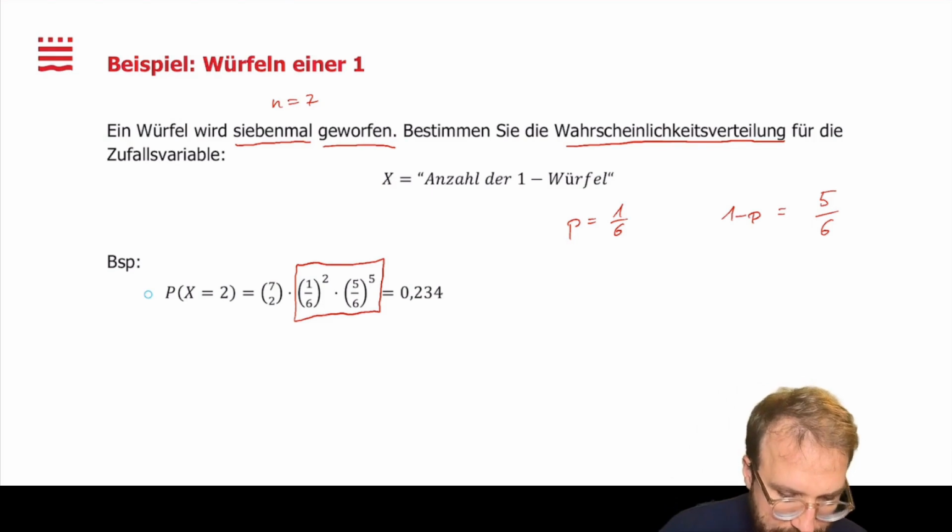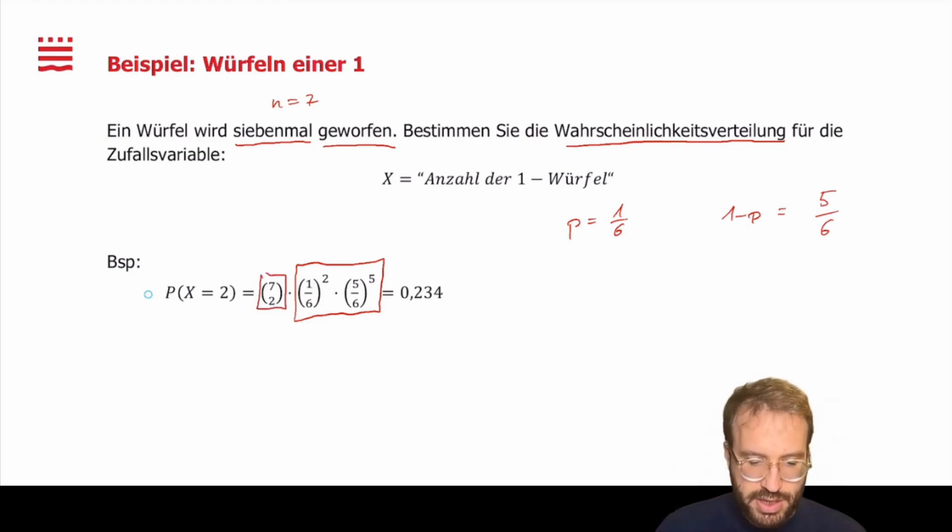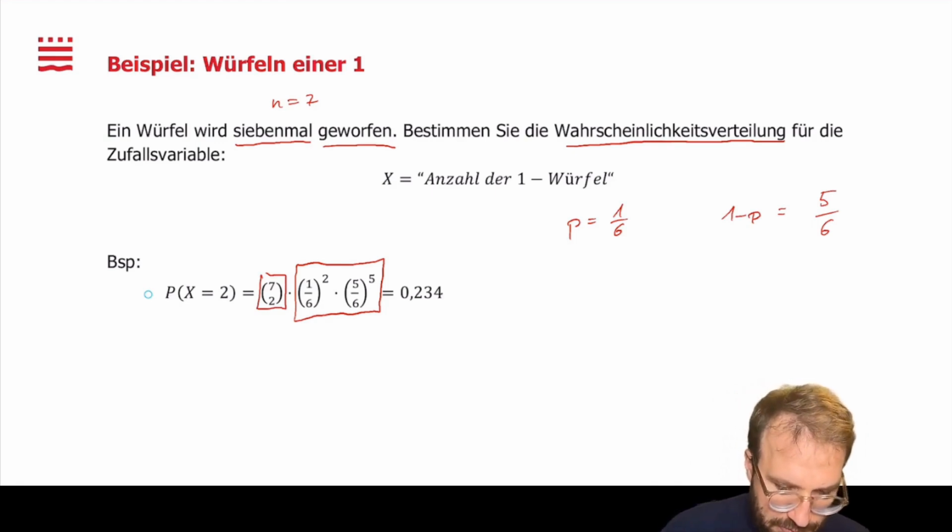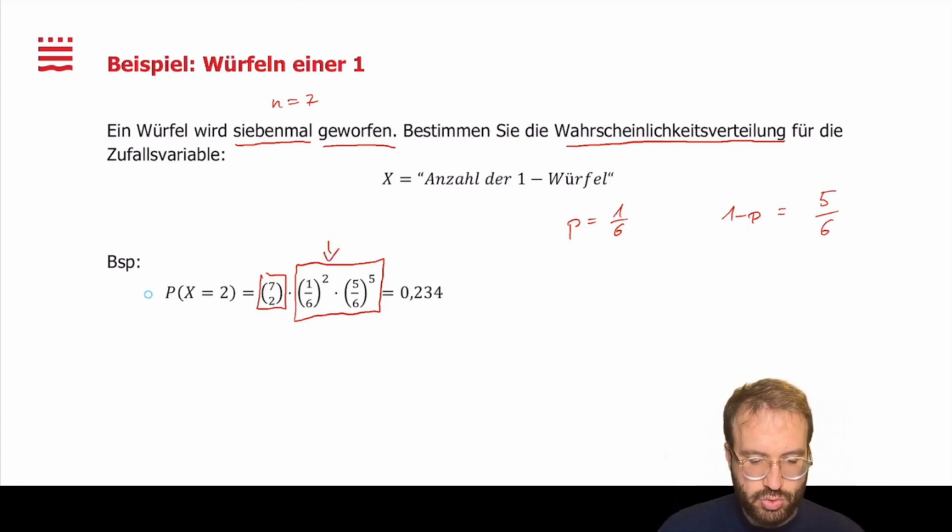And that's 2 out of 7, because we have to choose 2 rolls where the 1 comes up exactly. So we have this probability here, 2 out of 7 times, and that gives us our total probability where the 1 is rolled twice, but it's not predetermined at which positions these 1s have to be.